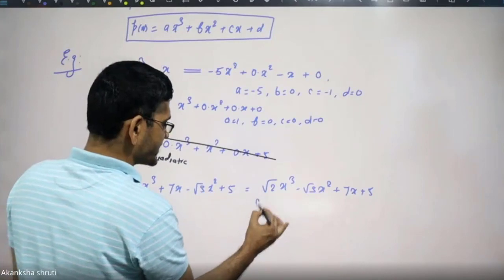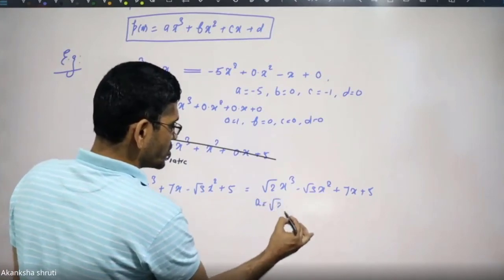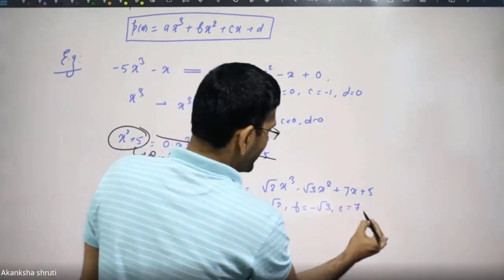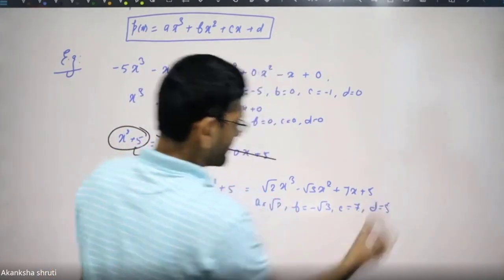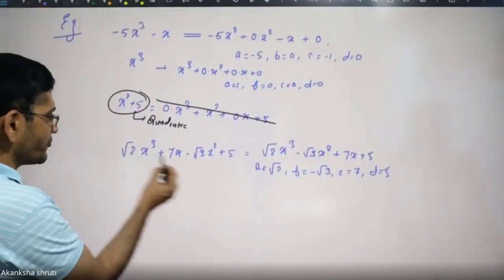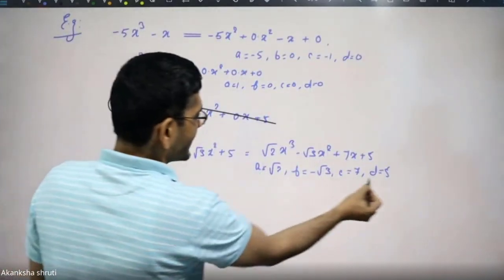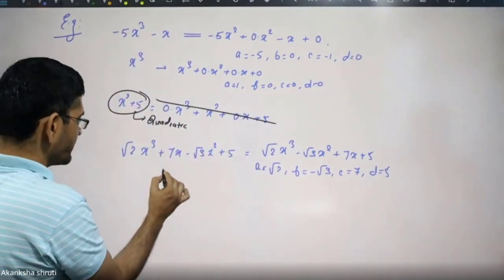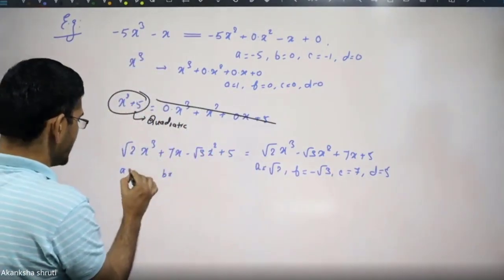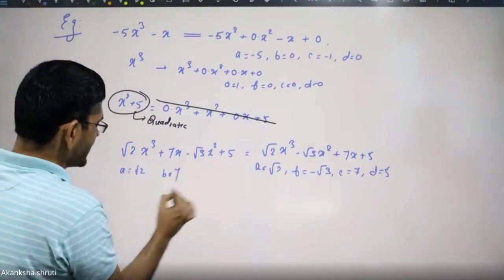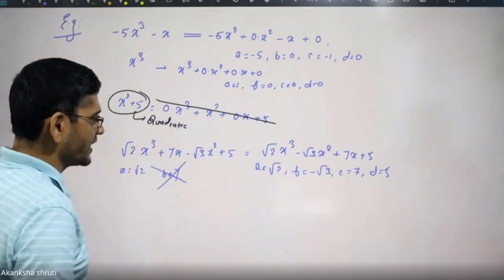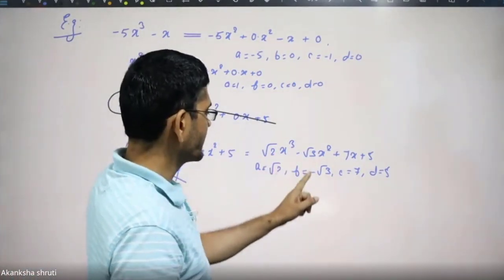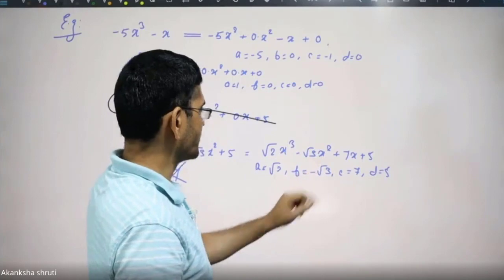Then a is root 2, b is minus root 3, c is 7, and d is 5. Okay, students, be careful. First rearrange, then find a, b, c. Otherwise it becomes wrong. You cannot say here a is root 2, b is 7. No, this becomes wrong. Because the powers must be descending, then we can get their coefficients.